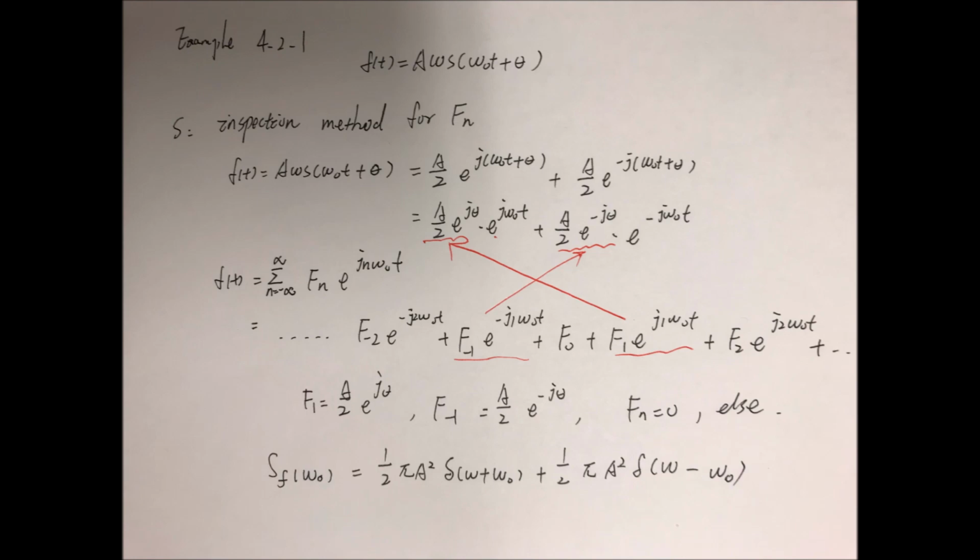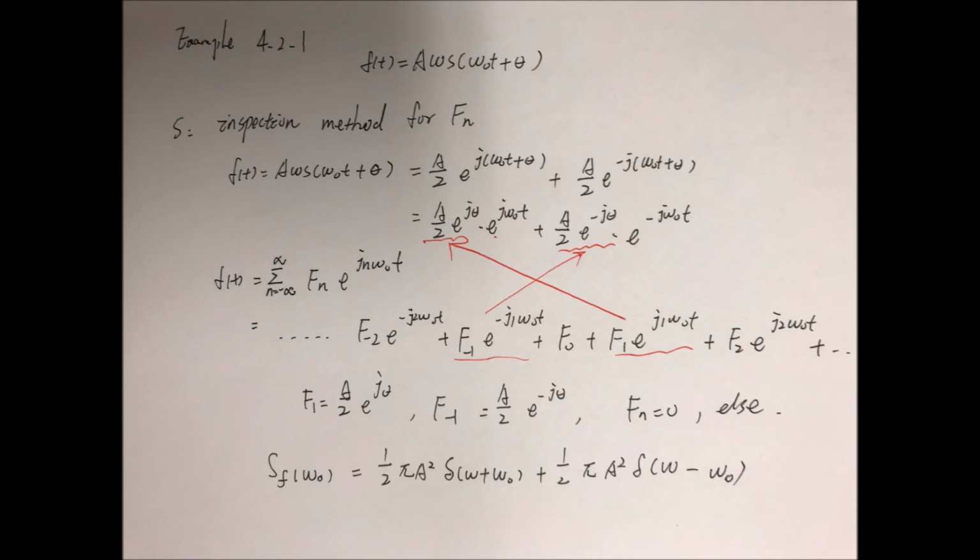Any problem? That is how I get my F1 and F minus 1. Next we just substitute Fn into 4.1. Same, I just give you a little more detail compared with the solutions in our textbook.